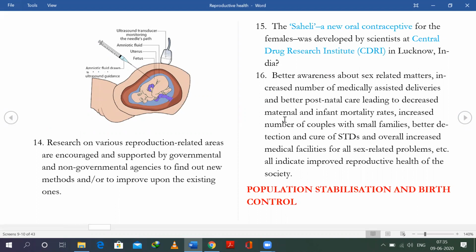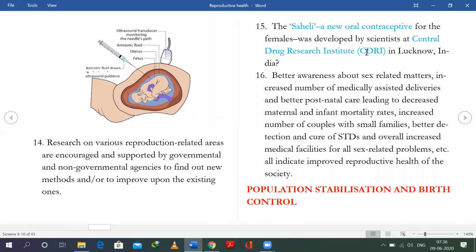The next part is a brief important point for NEET as well. There is this drug called Saheli, which was developed by our research institute, the Central Drug Research Institute, based in Lucknow, UP.